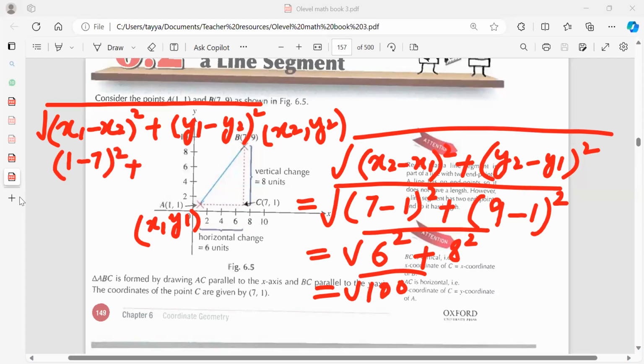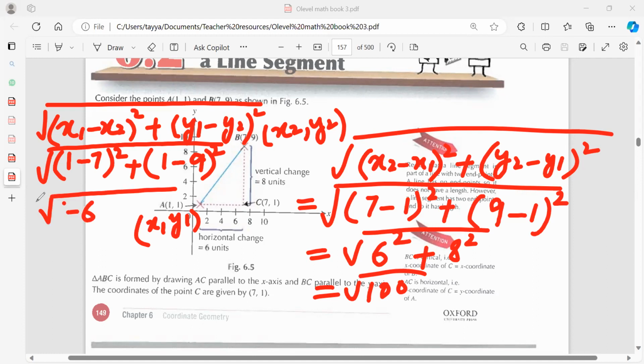Then y1 is 1 and y2 is 9. So here it is minus 6 square, and this one is minus 8 square.